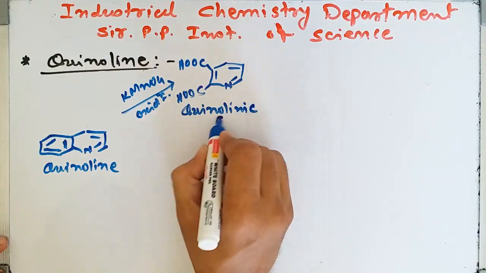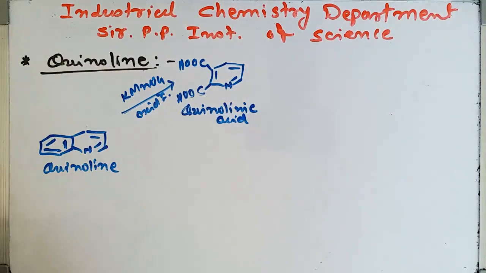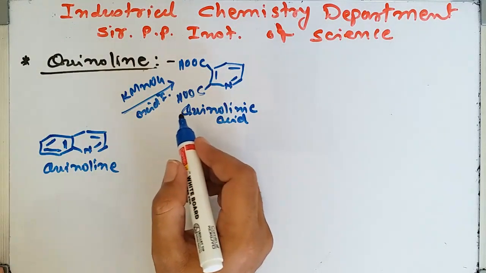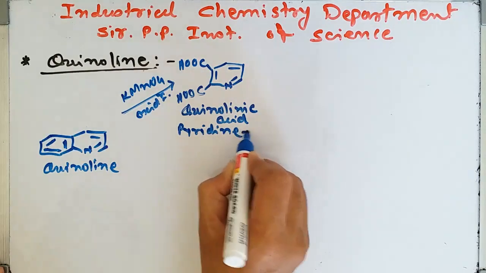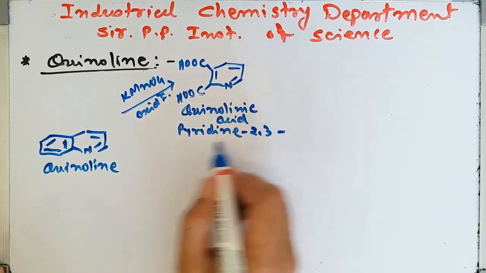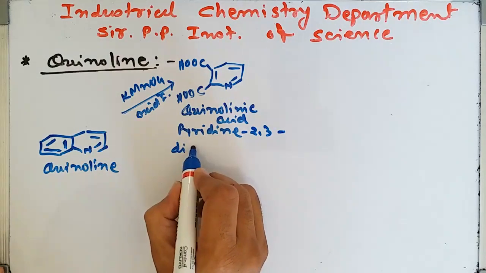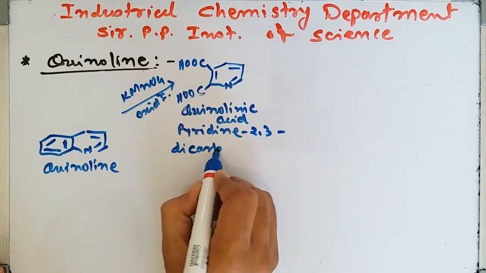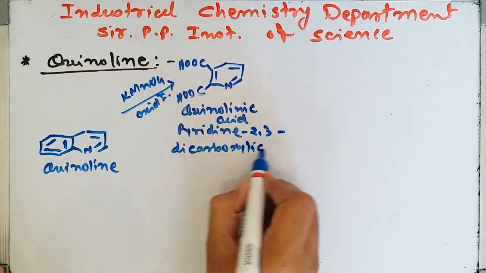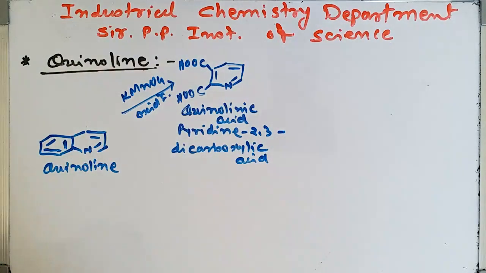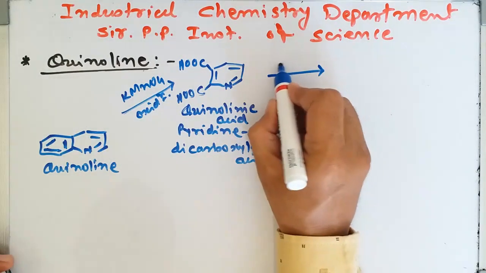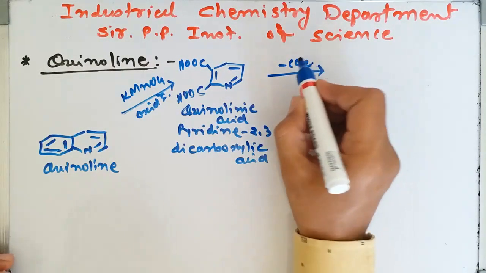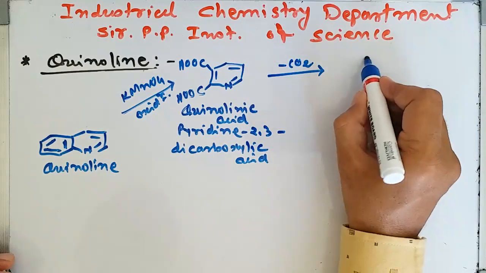Quinolinic acid, and IUPAC, it is pyridine 2,3-dicarboxylic acid, and decarboxylation takes place, minus CO2.